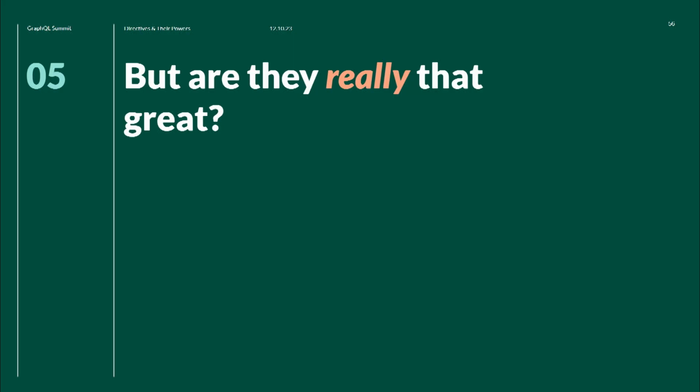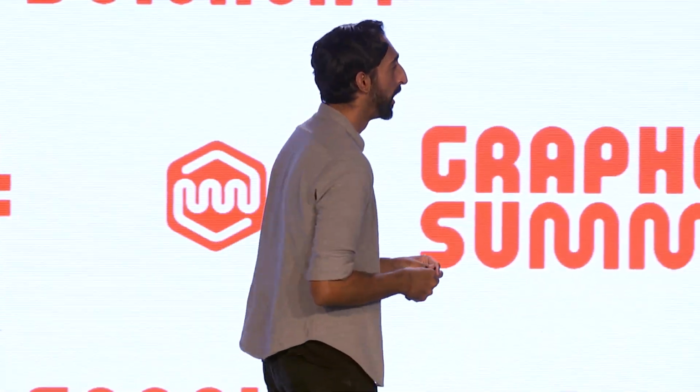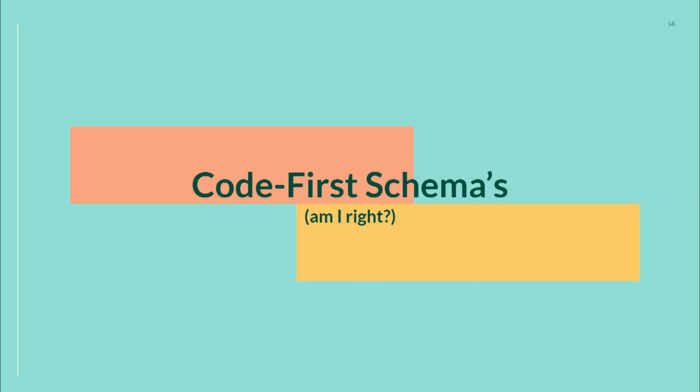So we talked about directives, where I'm almost convincing you on directives, but maybe they're not that great. Maybe there are some caveats, and it's code-first schemas. When I was originally writing this, I was coming up to this point where all the non-SDL implementations are going to be very different.